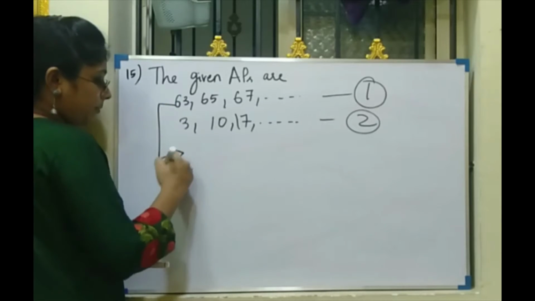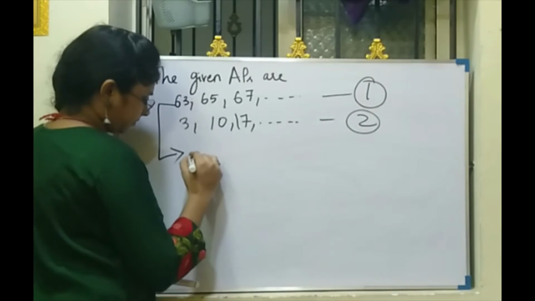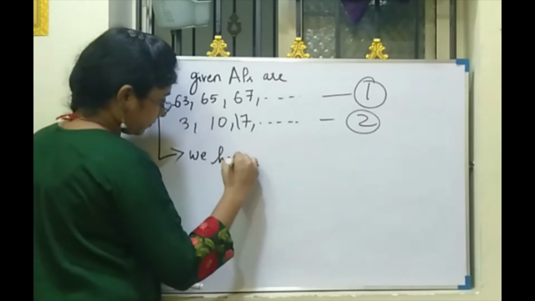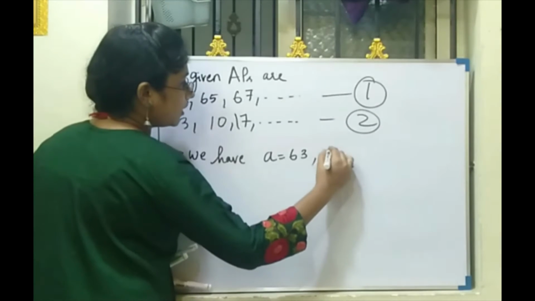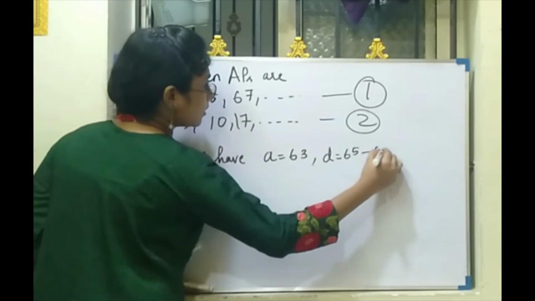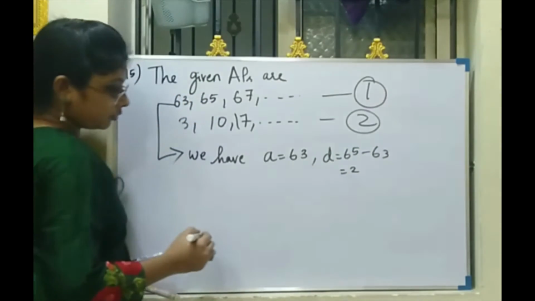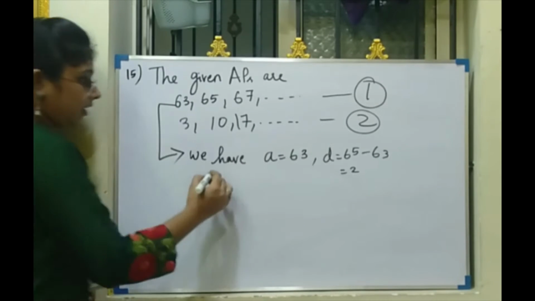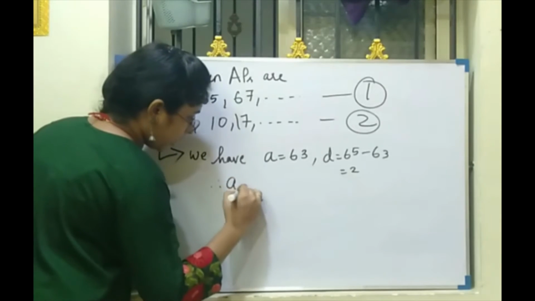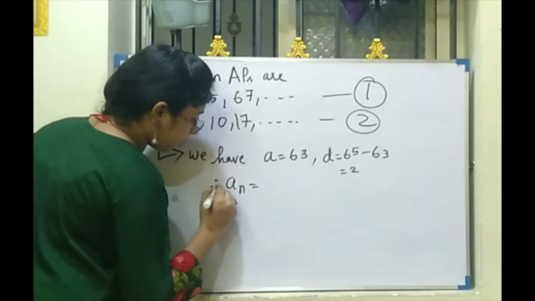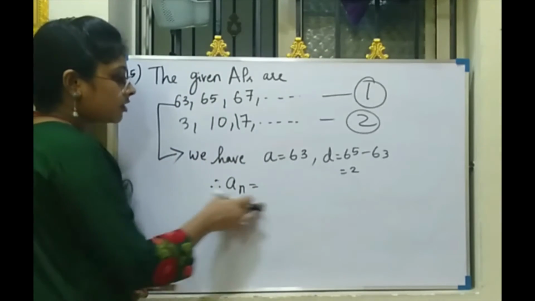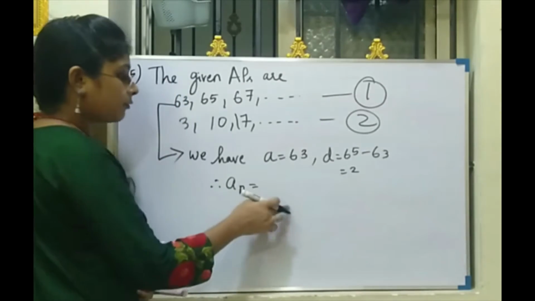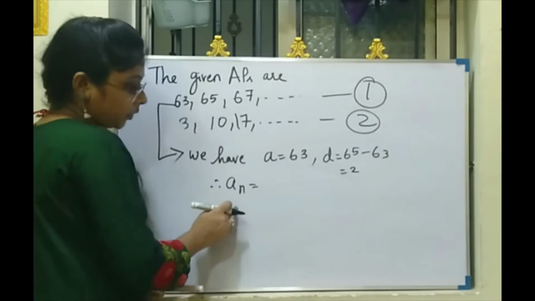For the first AP, we have a is equal to 63, d is equal to 65 minus 63, which is equal to 2. Therefore an is equal to, we need to form an equation. For that, we substitute these values in the formula of an.